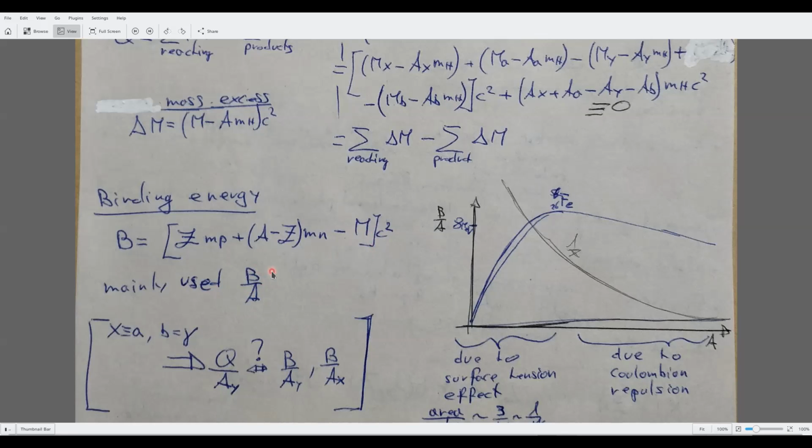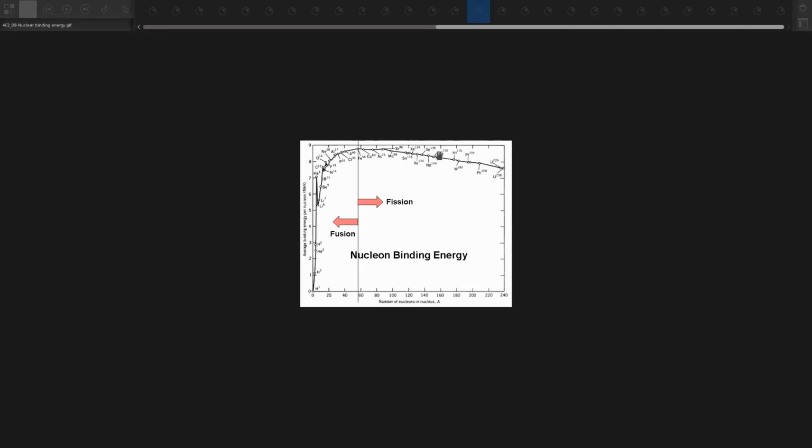Mainly, we use the binding energy divided by the atomic mass number of the nucleus, the number of nucleons inside the nucleus. You can see the graph here.